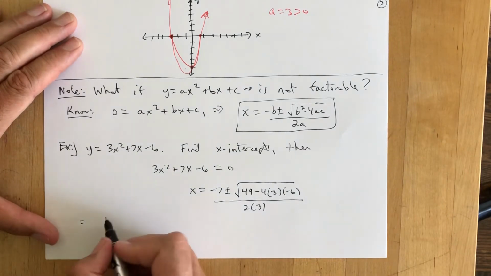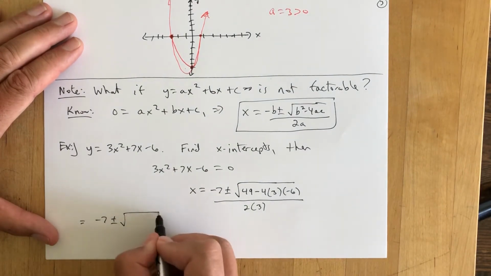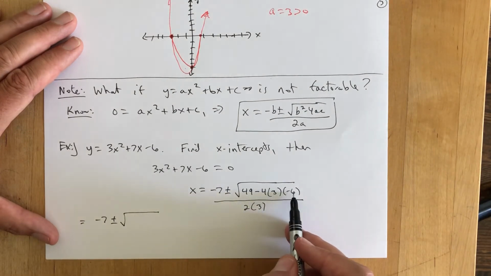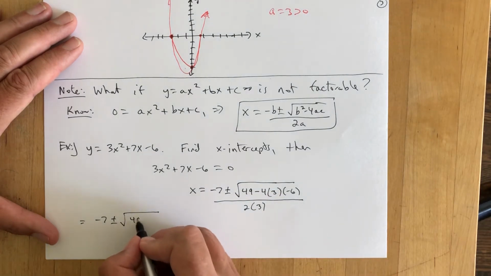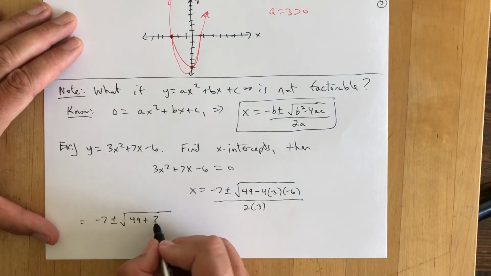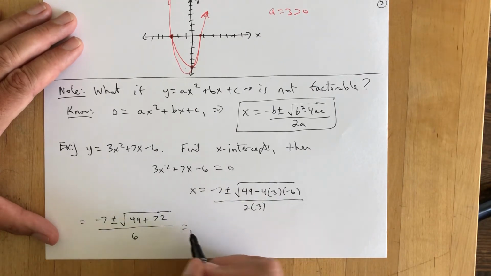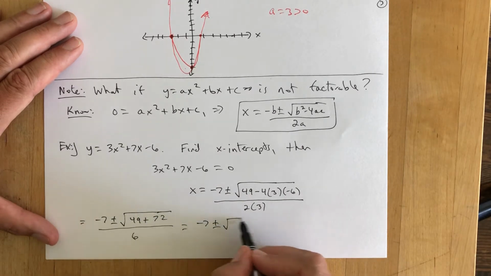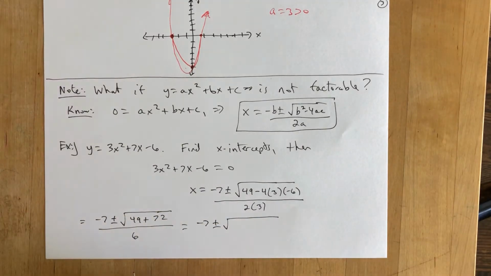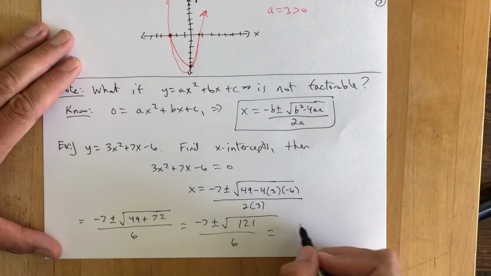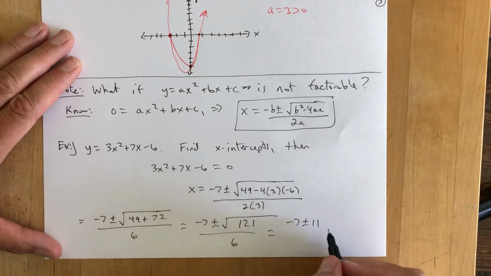So this is minus 7 plus or minus the square root of 49 plus 12 times 6. So I think that's 72. Yeah. All over 6. 49 plus 72. I can't do that in my head. That's 121 over 6. So this is minus 7 plus or minus 11 over 6.